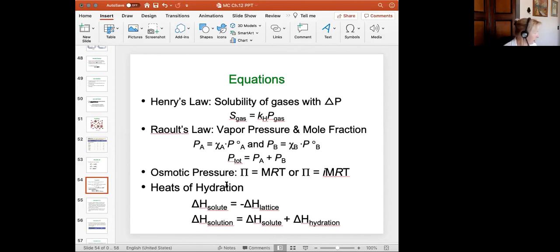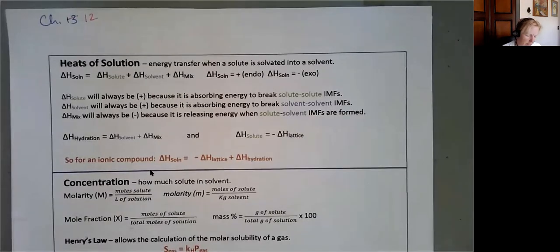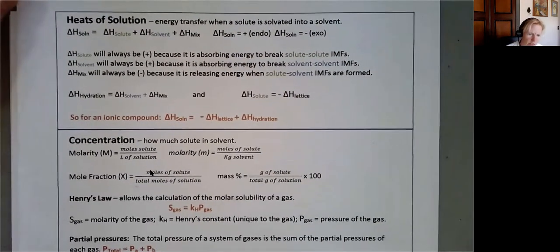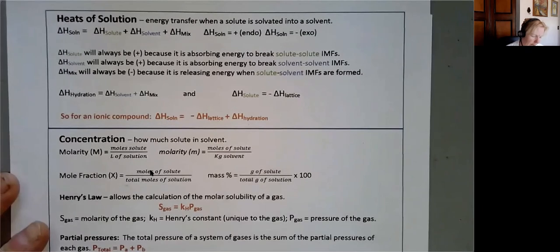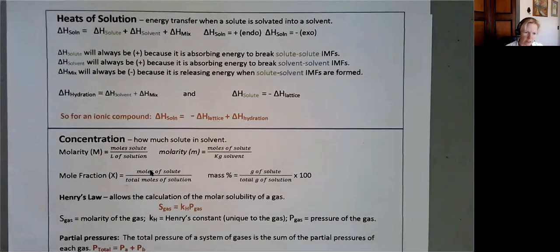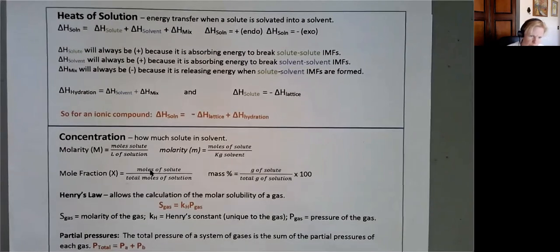What I also have online for you guys, and I'm just going to go back to my sheet here, is these equation quick sheets that I've put together for you. These are PDFs, and I'm going to do one for each chapter. These just have a summary of all the concepts and the equations that we've covered that you might need or find handy when you're doing calculations. This is just what chapter 12 looks like.